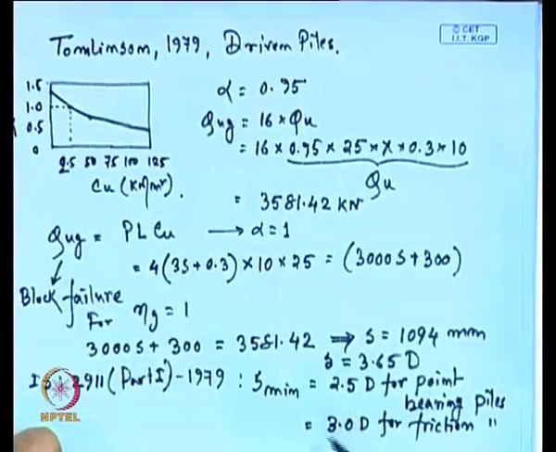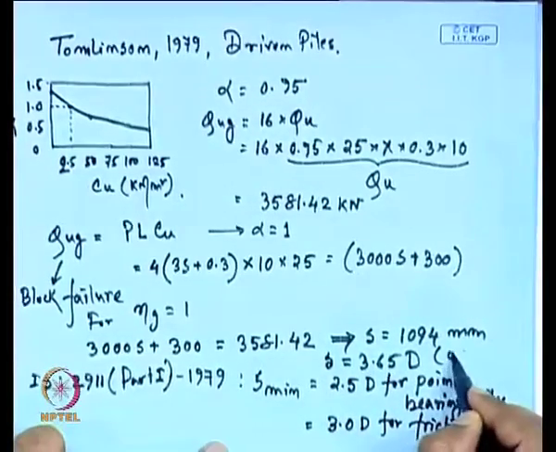Here we are designing for friction piles, so the minimum requirement is 3 D, but our calculation comes to 3.65 D, that means it is okay.